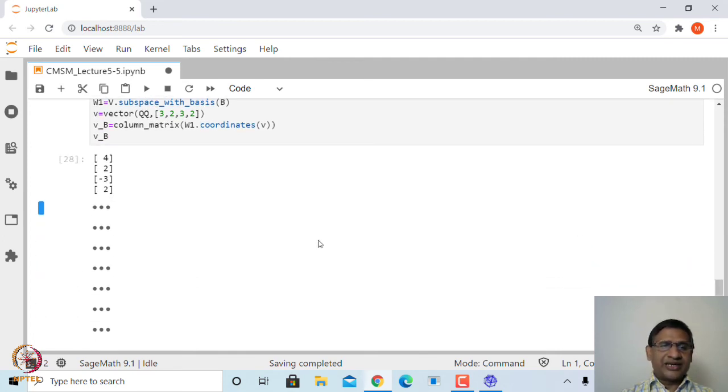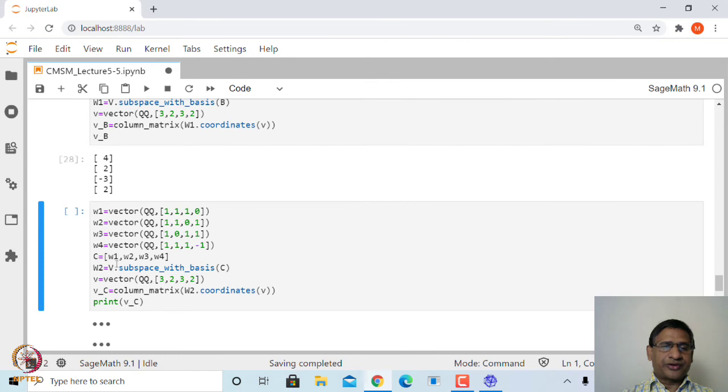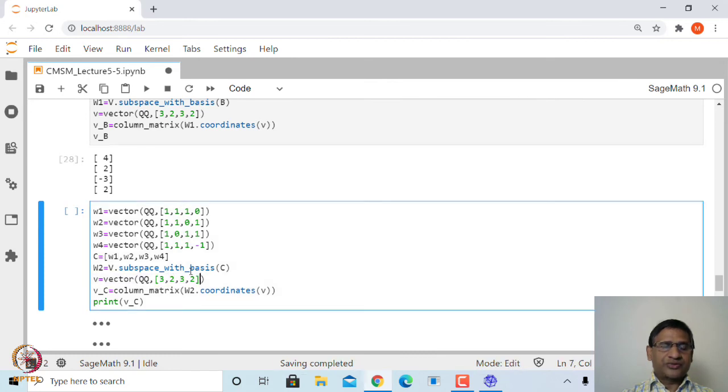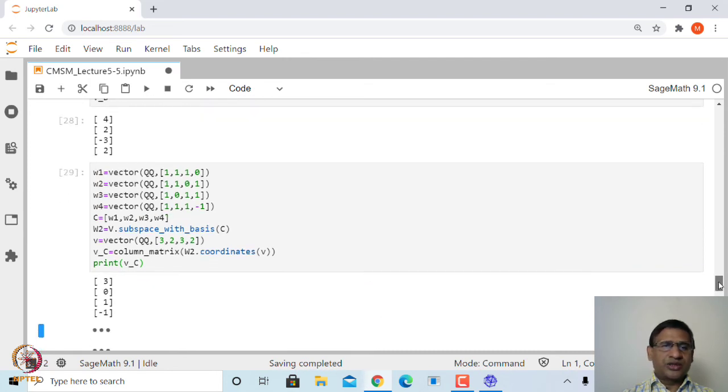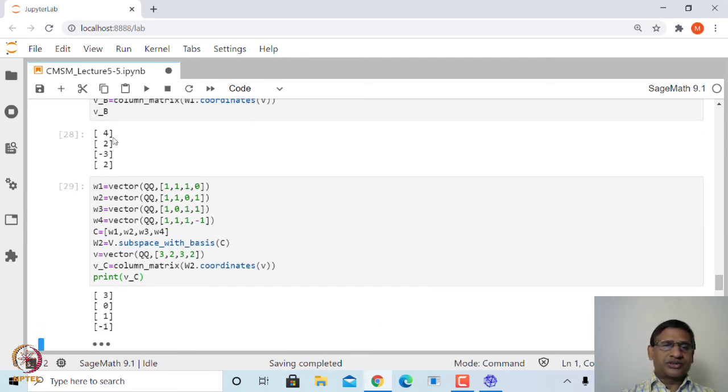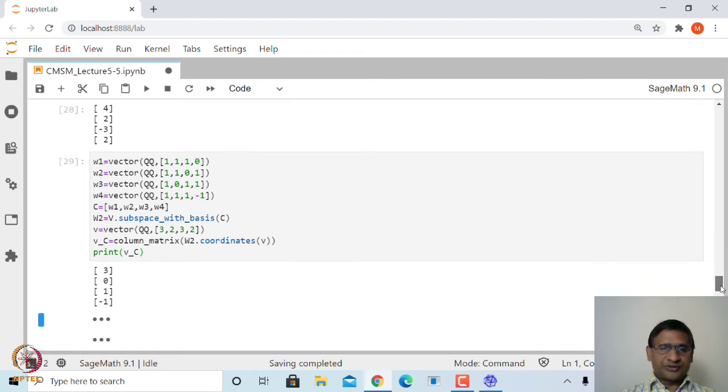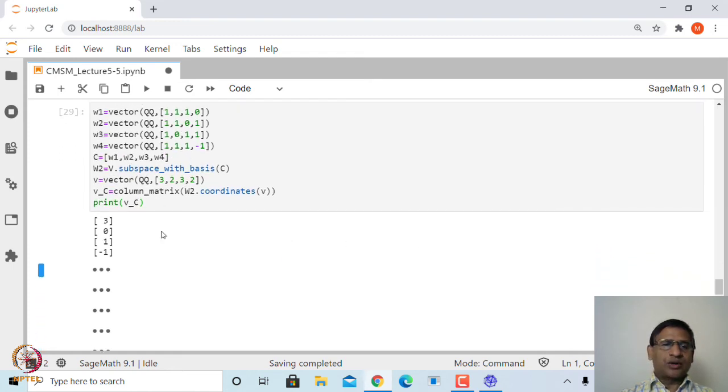Similarly, let us find the coordinates of the same vector V with respect to basis C, which is W1, W2, W3, W4. These are W1 to W4, and exactly the same way let us find the coordinate. So this is the coordinate of V with respect to basis B, this is the coordinate of V with respect to basis C, and let us see how they are related.